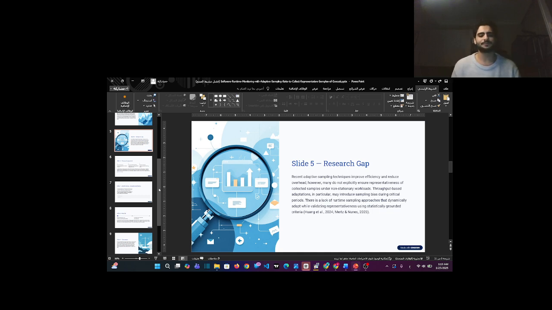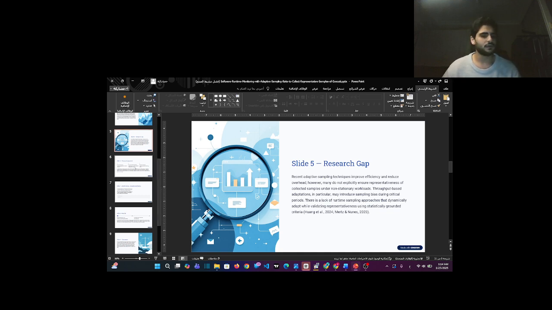In particular, throughput-based adaptations can introduce sampling bias during critical periods. The key research gap addressed in this work is the lack of runtime sampling approaches that dynamically adapt while validating representativeness using statistically grounded criteria.